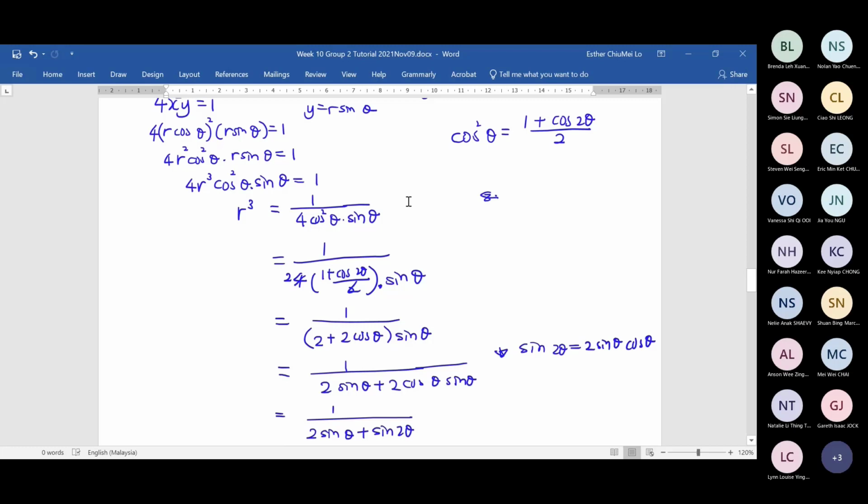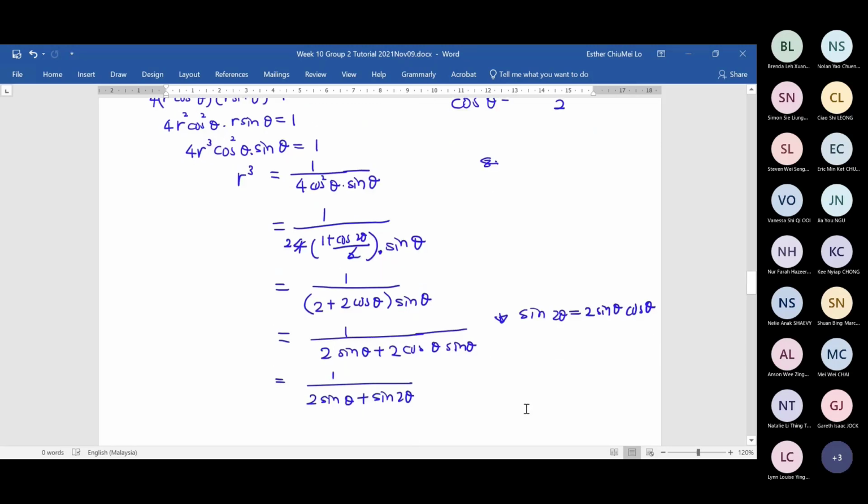Cos squared theta we change to the identity 1 plus cos 2 theta over 2, and then we got 4 here, so 2, 2, then 2 plus 2 cos theta sin theta. Multiply, so we get 2 sin theta plus 2 cos theta sin theta, and this part you can change. So there are many possibilities for the answer. It depends on how you change the identity.